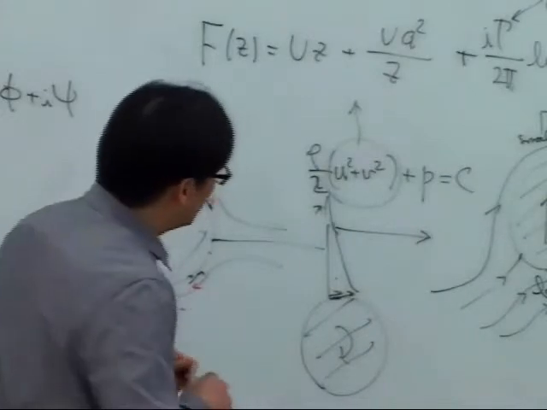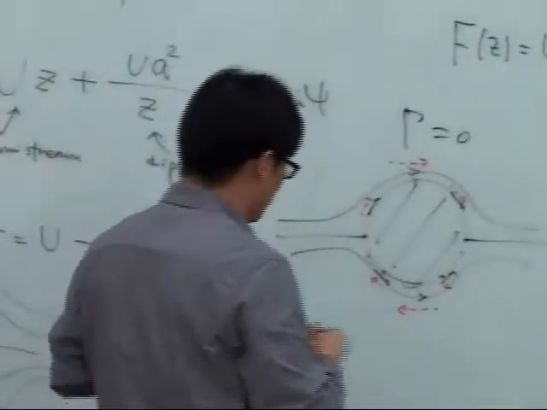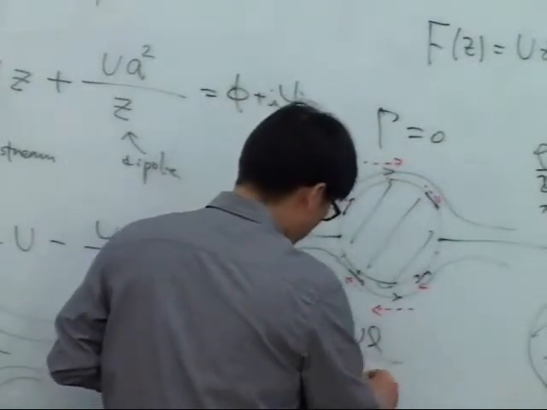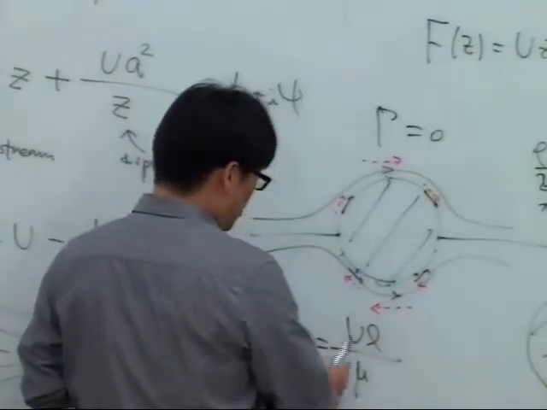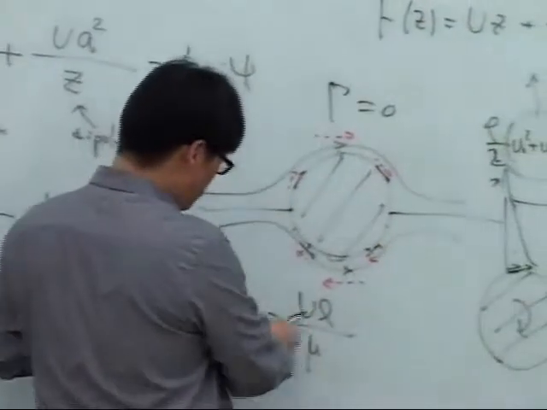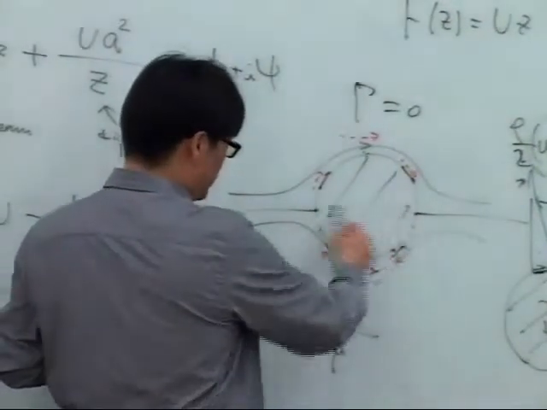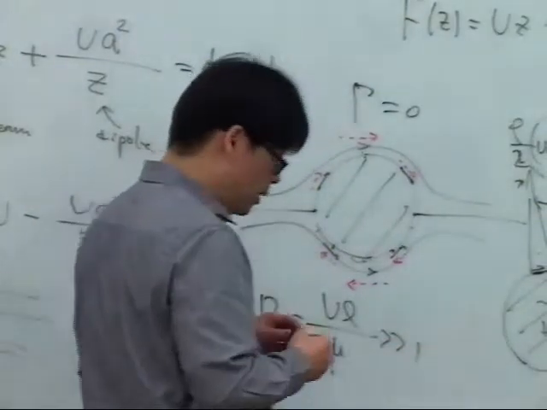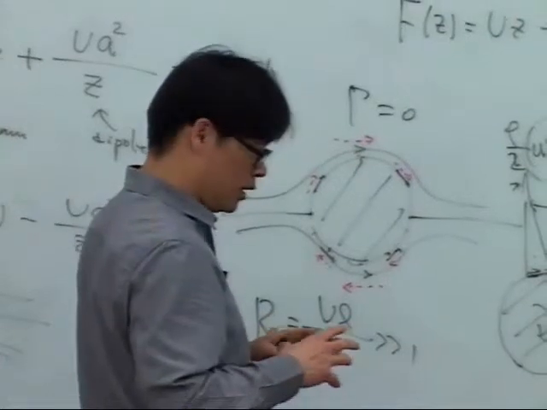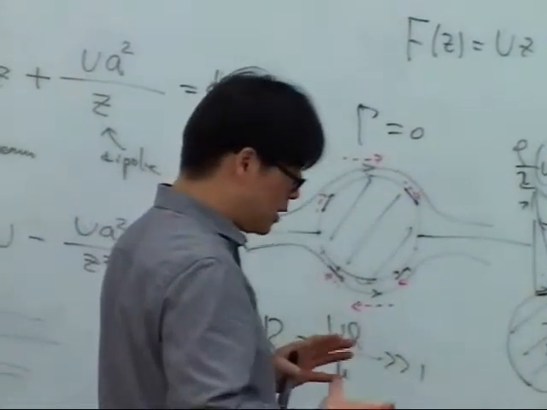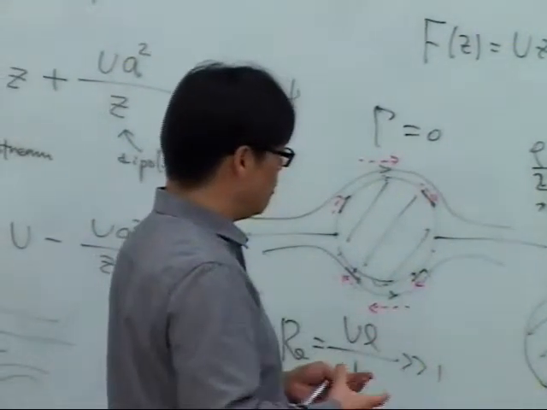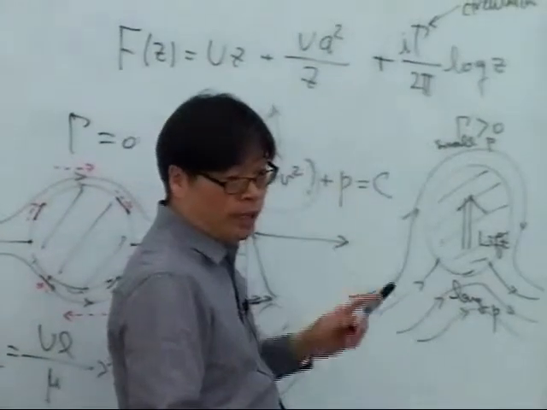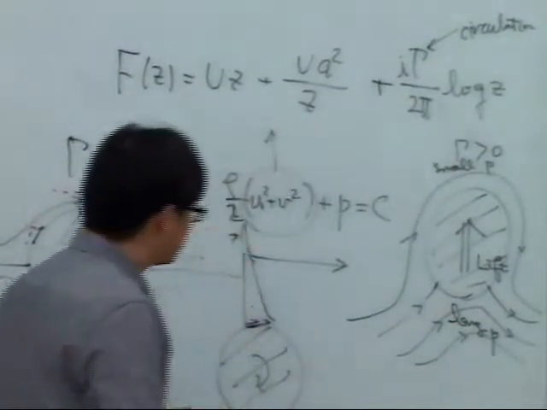As long as your Reynolds number is large, in other words, Reynolds number is defined as UL divided by mu, where U is the uniform stream and L is the dimension of the circular cylinder, and if this is much larger than 1, then viscosity just generates the flow field that can be represented by vortex, and that's it.